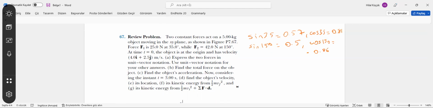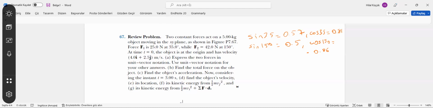How can you find velocity, position? You already know this one. But maybe first I can find the force, and then if you find velocity, one second, where is it? Express two forces in unit vector notation.